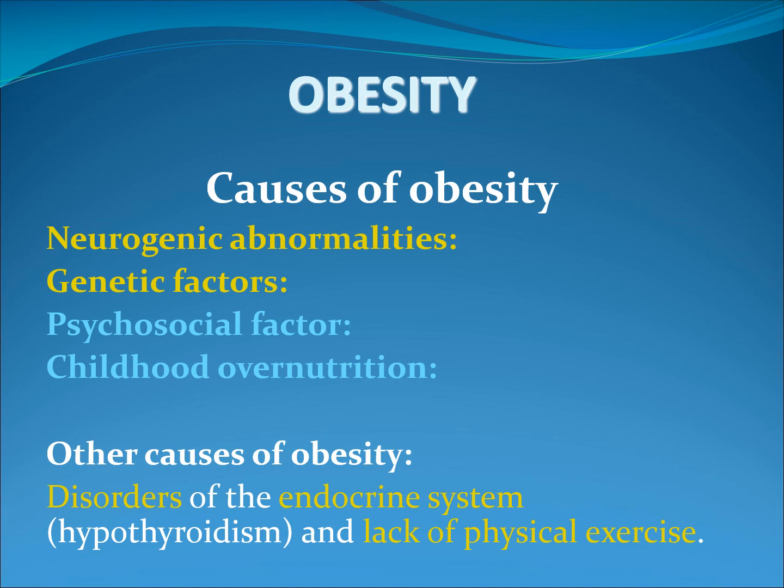In addition, genetic factors could be involved. You know that some obesities are running in families. If the father is obese or the mother is obese, most likely their kids will also be obese. One thing that we have seen is the OB gene, which is the gene producing leptin.